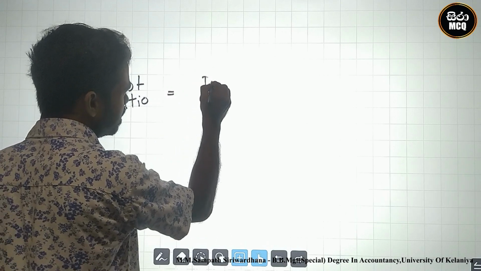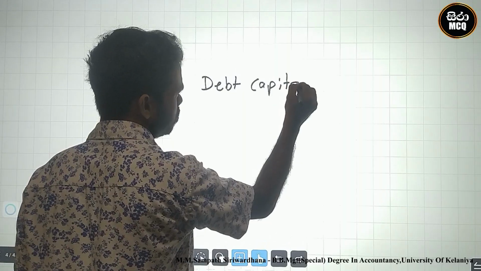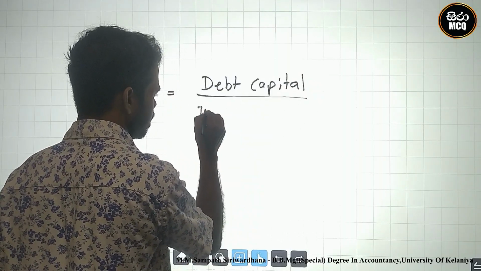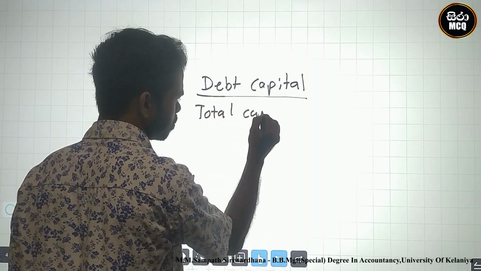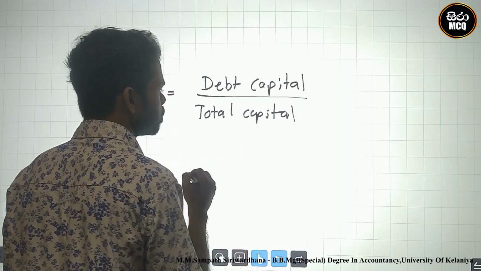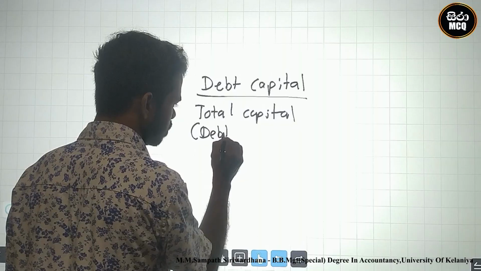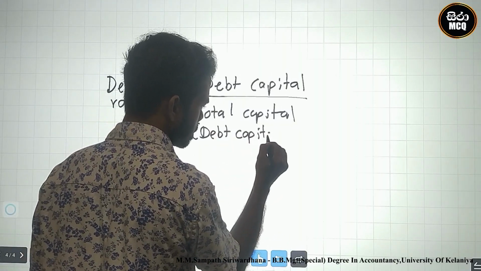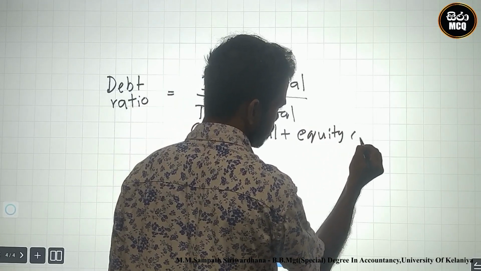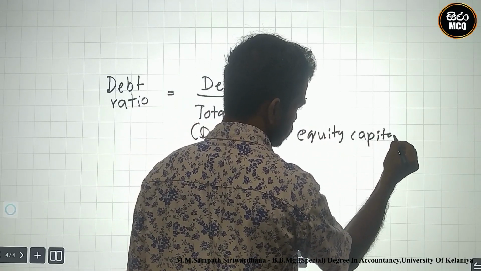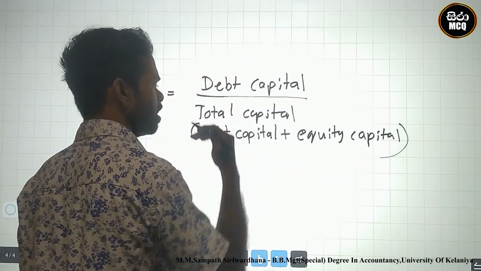How can we calculate it? Debt capital divided by total capital. You know, total capital includes debt capital and equity capital. Against the base of total capital, the debt capital is higher.